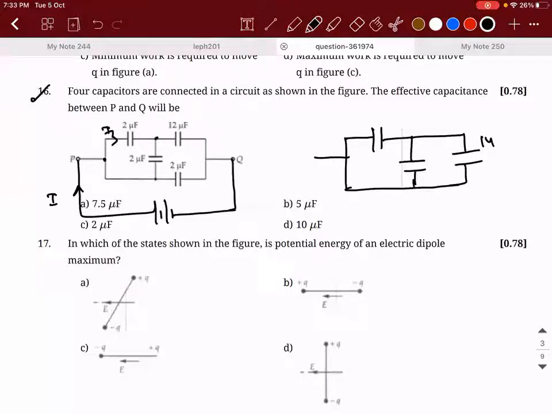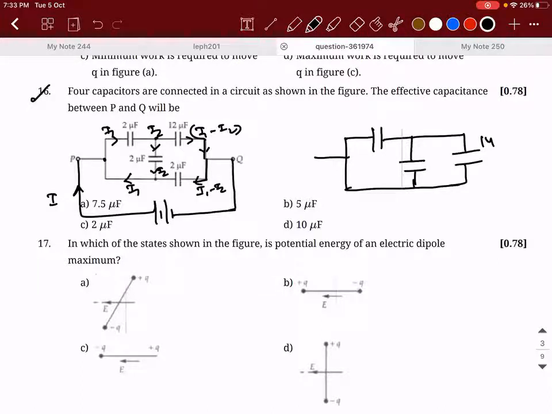So I1 will go here and it will get split here into I2 and I1 minus I2. The current I2 is going to come here, I1 minus I2 will go here, then I1 will flow back. Can I say something like this? So based on this, you guys tell me which one is in series and which one is in parallel.